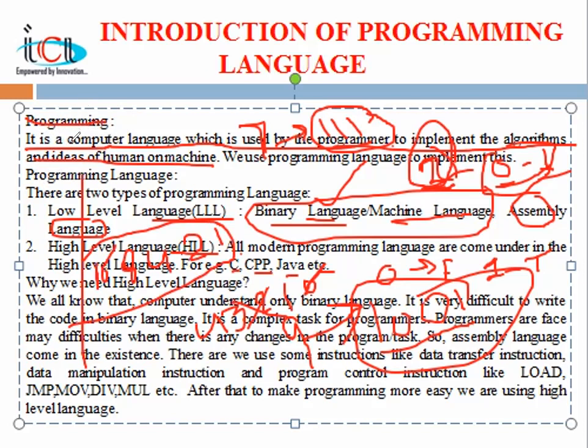Suppose we write the number 10 in the binary language. Then we use this series. We find which numbers add up to 10: 8 and 2.